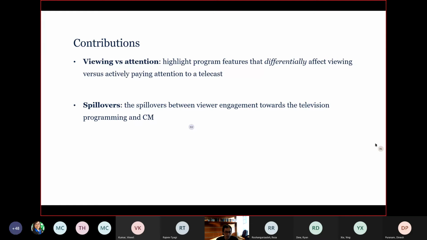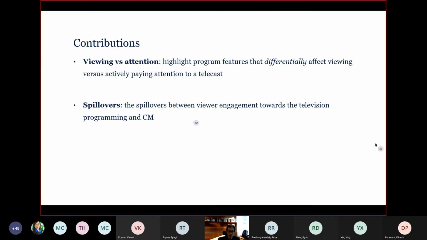And our key contribution in this paper is, again, we want to highlight the differential impacts of suspense and surprise and other program contents on viewing behavior and attention behavior. We want to separately identify the effects of the program contents on viewing and attention. And also we want to highlight the impact of spillovers from TV programs to commercials to see the implications for advertisers.